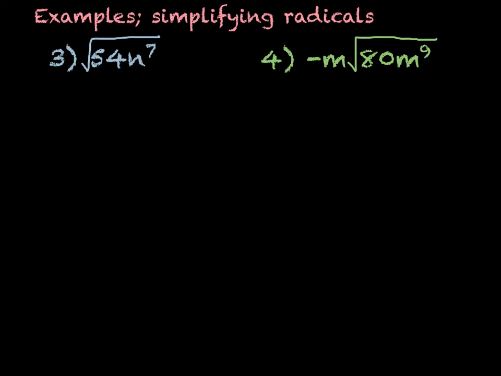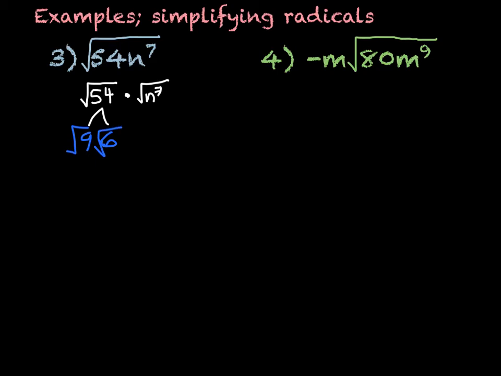A little bit harder usually when we're doing it this way, but we would just start by splitting apart the number part, square root of 54, and the variable part, n to the 7th. At this point, what we're going to do is tree out our square root of 54, which would make it 9 times 6, and those are both under the square root.